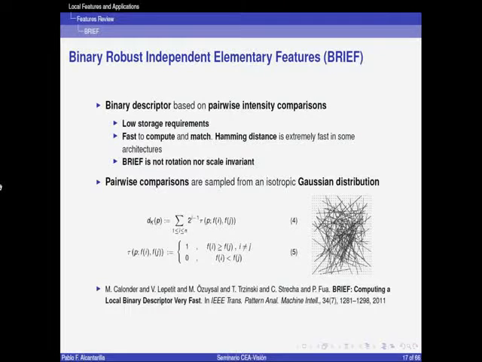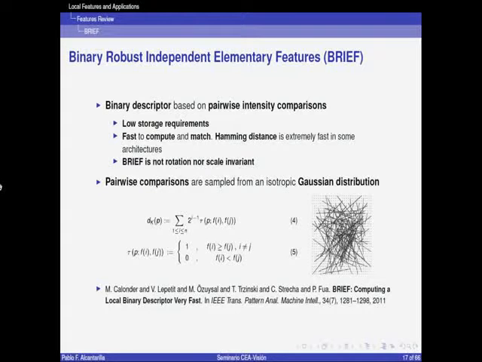One of the most popular binary descriptors is the Binary Robust Independent Elementary Features, or BRIEF. BRIEF is a binary descriptor based on pairwise intensity comparisons. It has very nice properties: it has low storage requirements, is very fast to compute, and is easy to match.